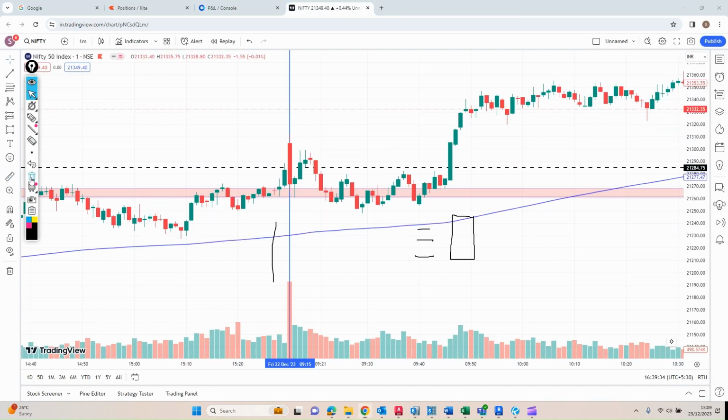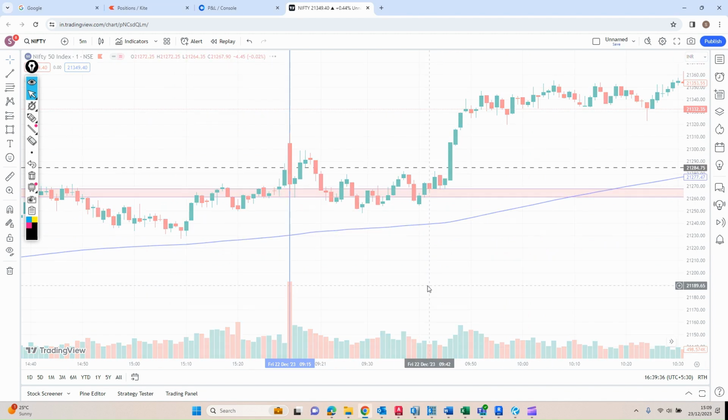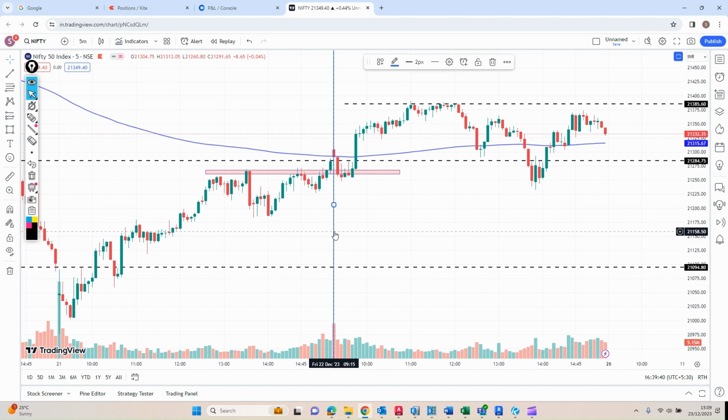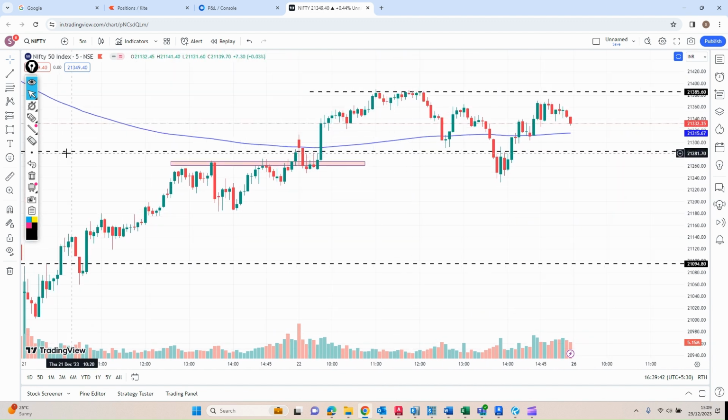Let me delete this and go to the 5 minute time frame. At this point Nifty was taking resistance at 21,400, and I had the 21,300 PE over here with a huge quantity. However, because of the sideways momentum the premium decayed, and I squared off my position.